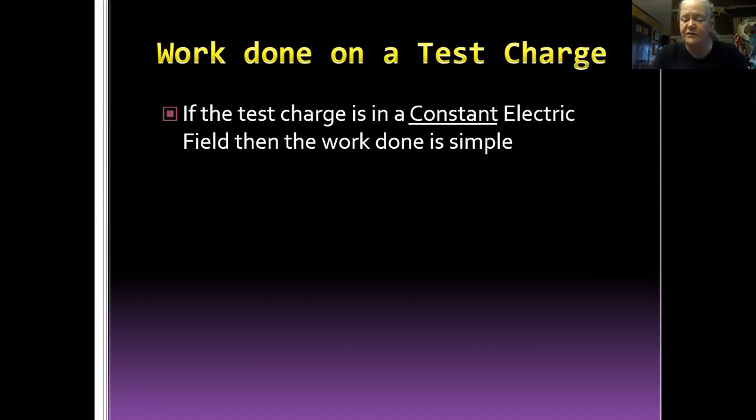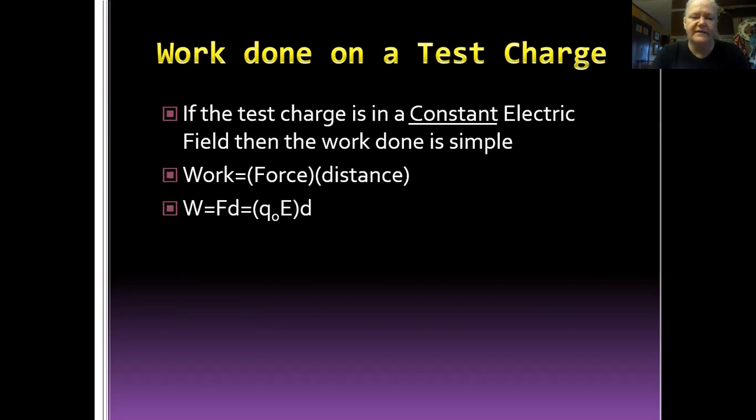If you remember from Physics 1, it's really easy to calculate the work done by a constant force. It's just the force times the displacement times the cosine of the angle between them. Remember, you had to worry about the cosine because you wanted only the component of the force that was acting parallel to the displacement. That was the only part that did work.